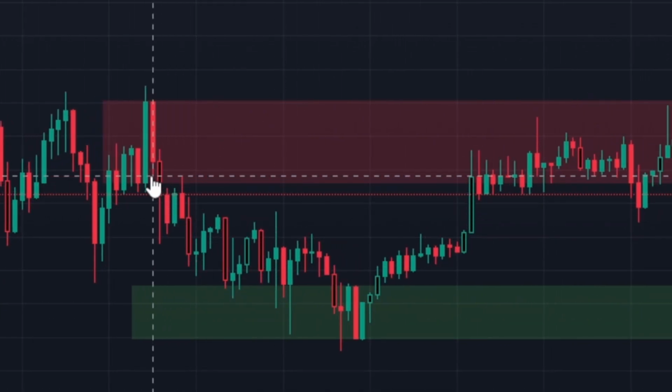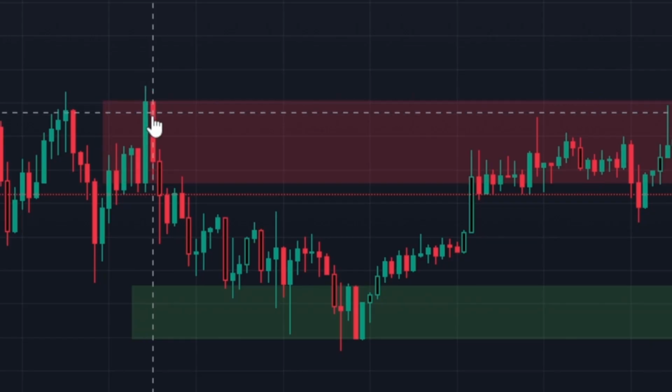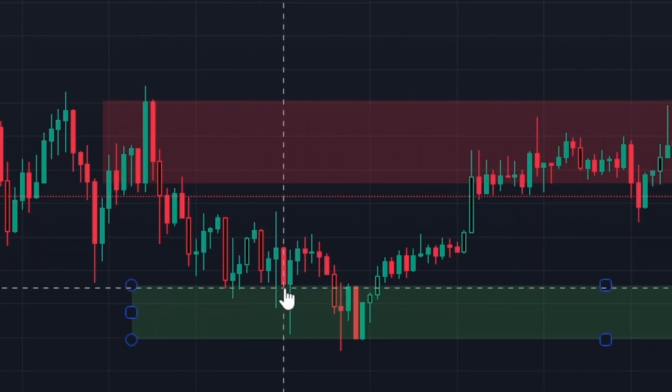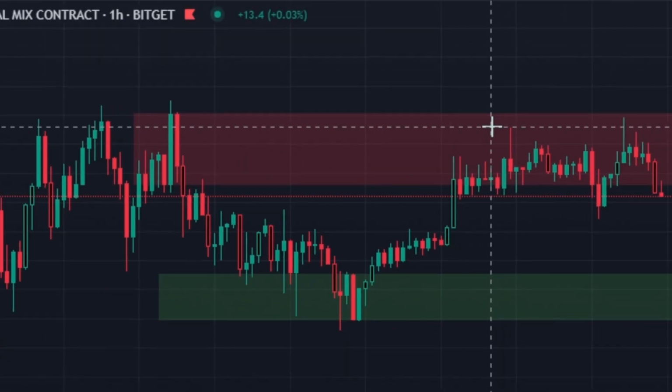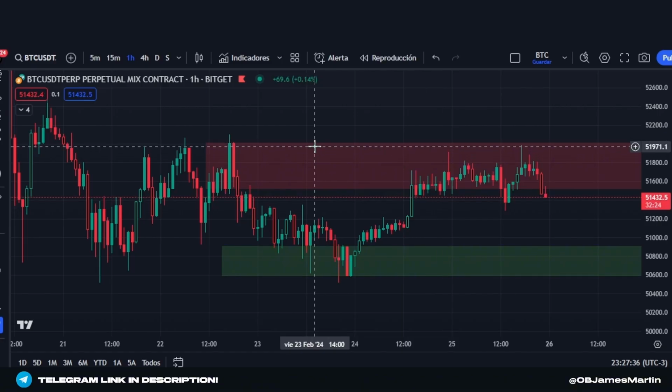It's no coincidence the price slows down again. In this case it's Bitcoin, and the price slows down at approximately 52,000. That's logical because it's price action.